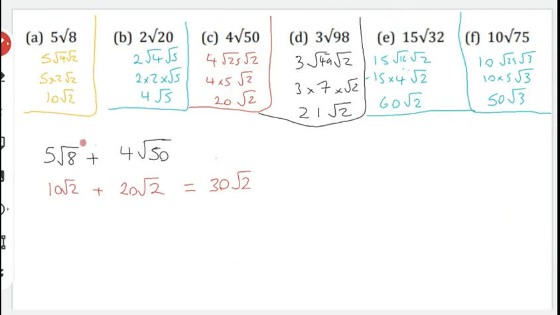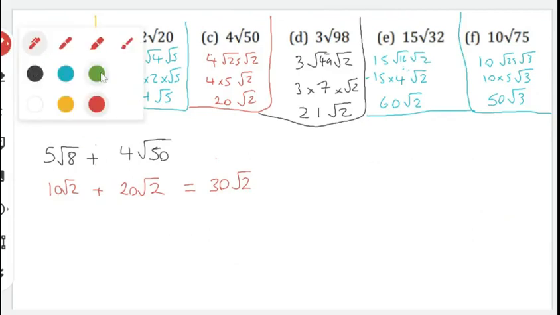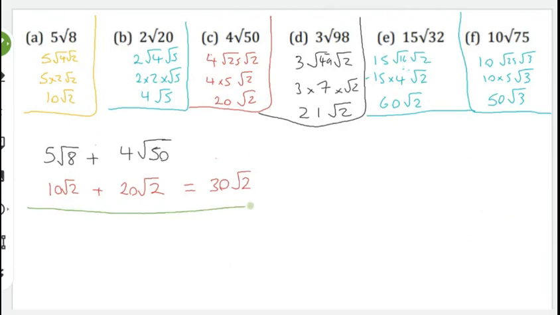Does that make sense? Yeah. Okay, so then how would you simplify 3 square root 98 plus 15 square root 32? First you would simplify it to 21 square root 2, and then 60 square root 2, and then you would add them together to get 81 square root 2.